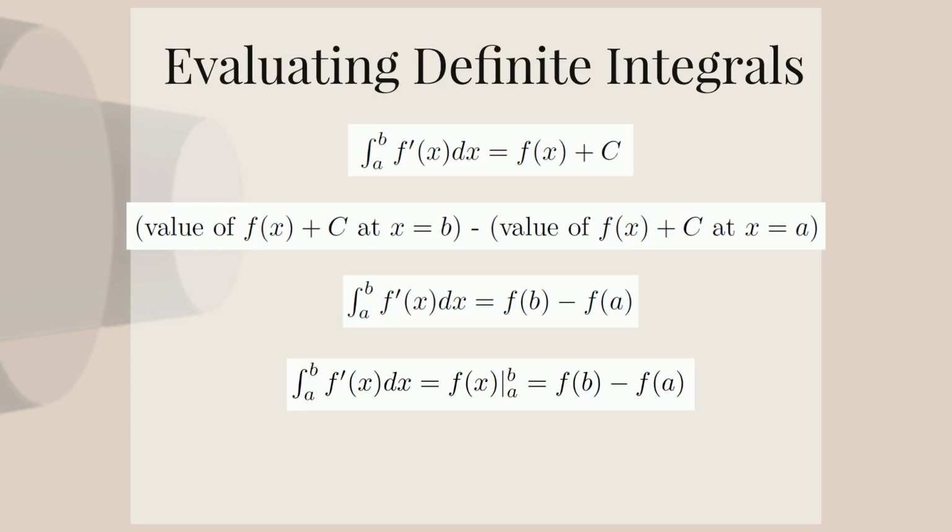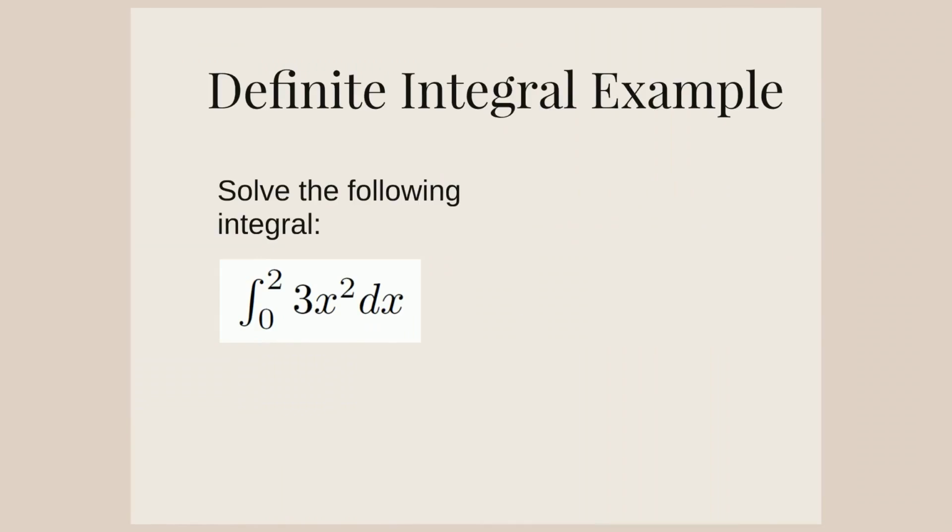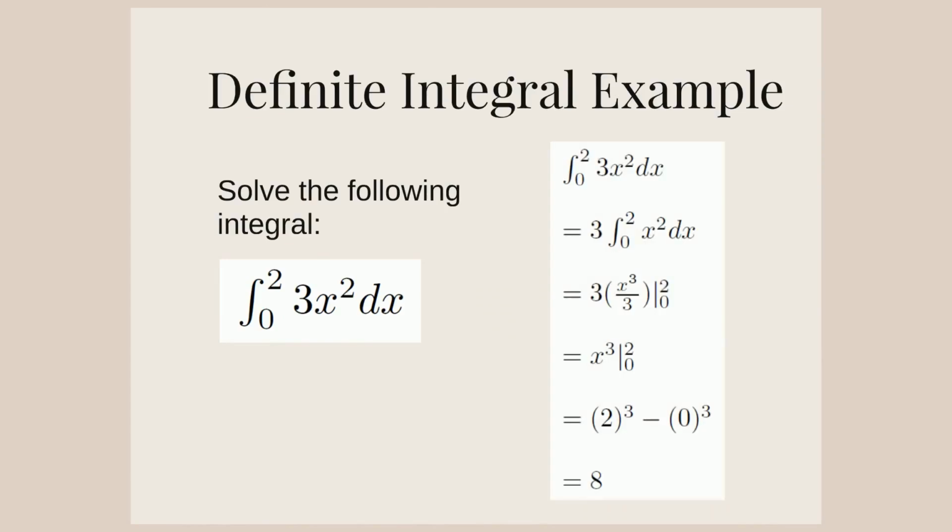So let's go ahead and look at an example for that, because that's kind of hard to follow. If we were to solve the integral of 3x squared dx from 0 to 2, we'd start by taking the integral. We have the constant 3 there. We can move that out in front of the integral just like we did in the derivatives. So we now have the integral of x squared dx.